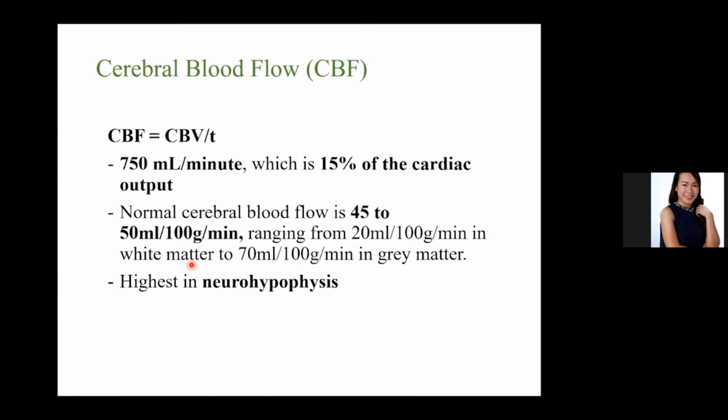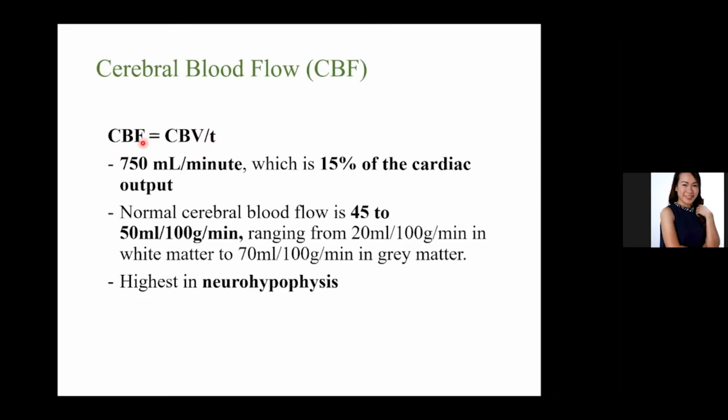Now, let's move on to what we call cerebral blood flow. Okay, we have your cerebral blood flow, which is equivalent to cerebral blood volume per unit of time.